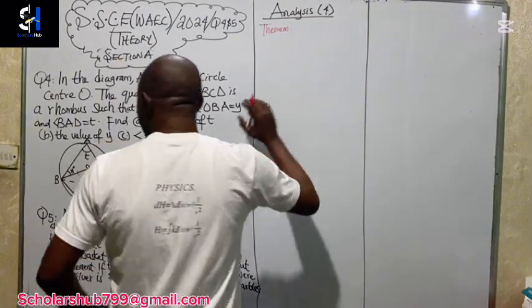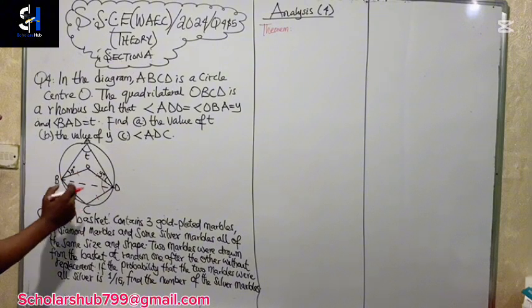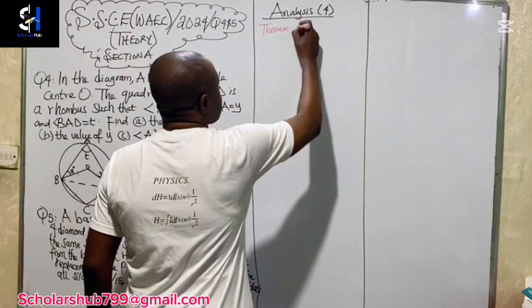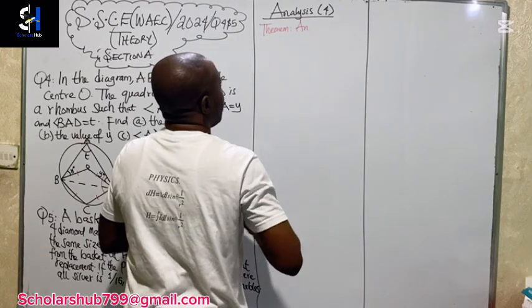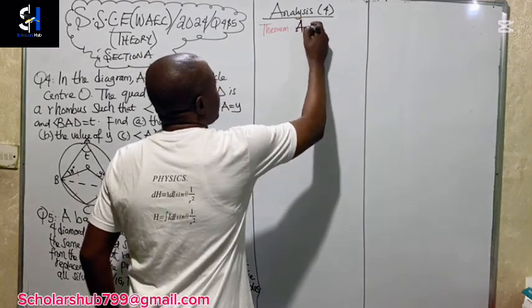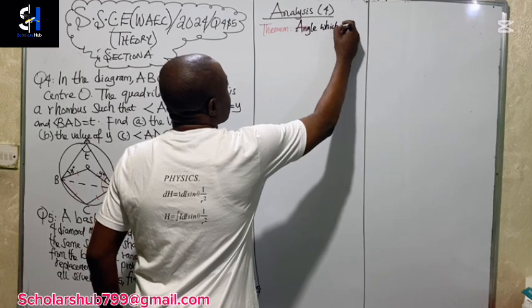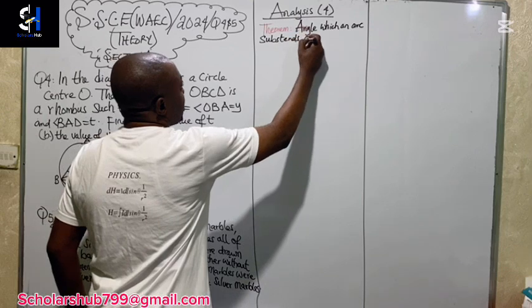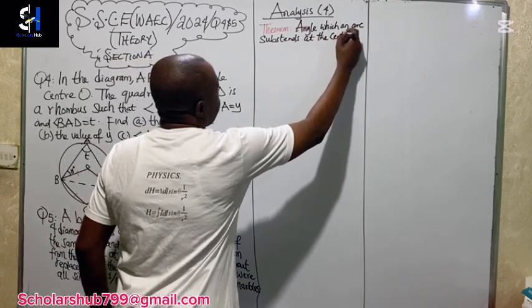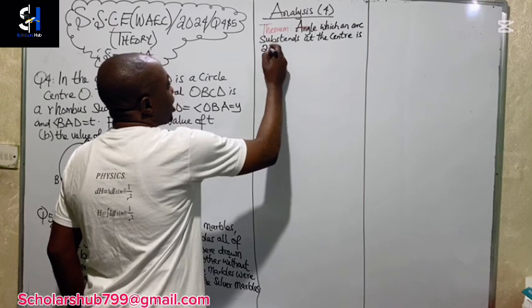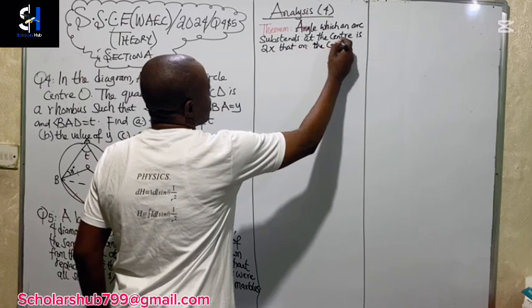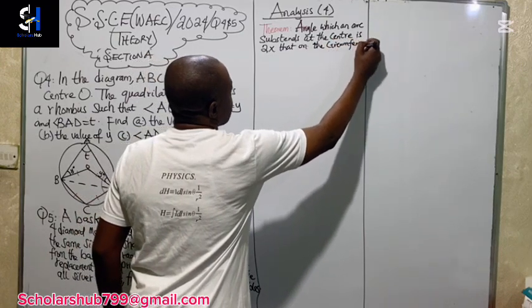The first theorem is about the angle which an arc subtends at the center is twice that on the circumference. Let me use a red pen. So the angle which an arc subtends at the center is two times that on the circumference.